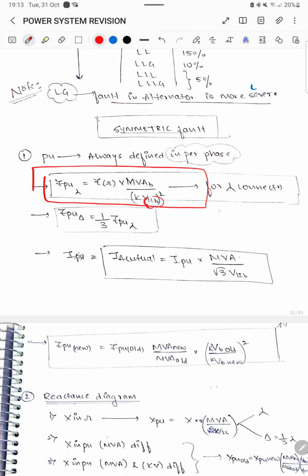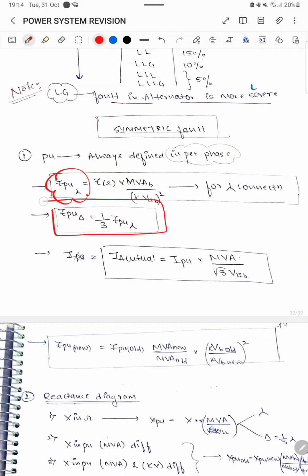But line to line here doesn't mean that Z per unit is calculated on the basis of line voltages. They are always calculated in terms of phase values. So Z per unit in star is Z ohms MVA upon kV LL whole square, whereas in delta it becomes 1 by 3 times of Z per unit star.